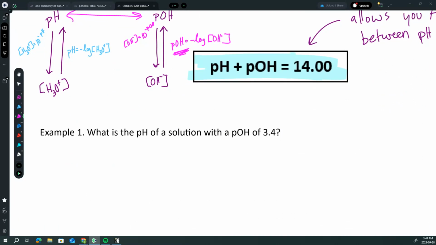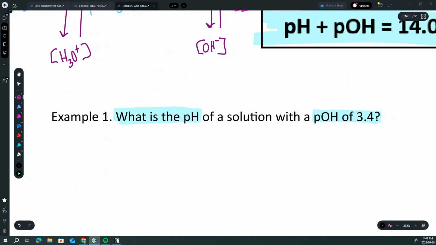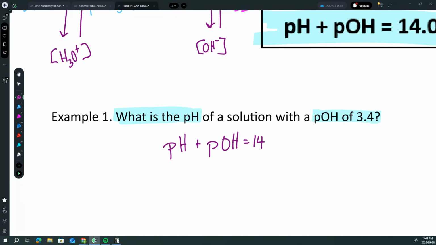So example 1. What is the pH of a solution that has a pOH of 3.4? Since we have pOH and we're trying to figure out pH, we are going to start off with pH plus pOH is equal to 14. Since we want to find pH, we have to isolate that first.